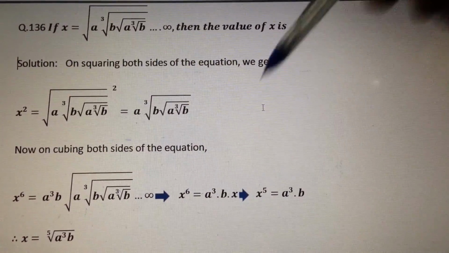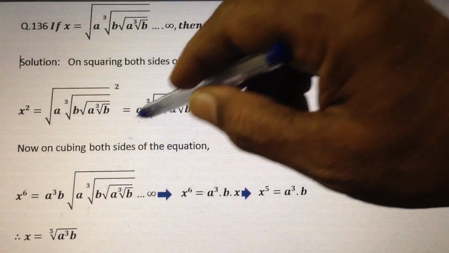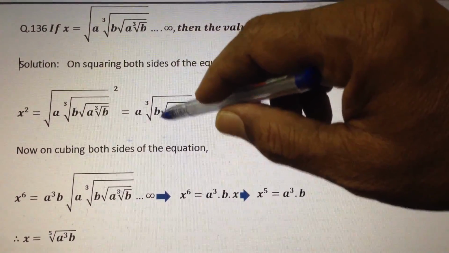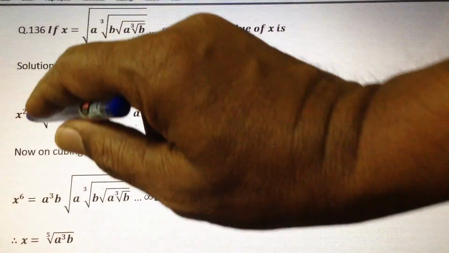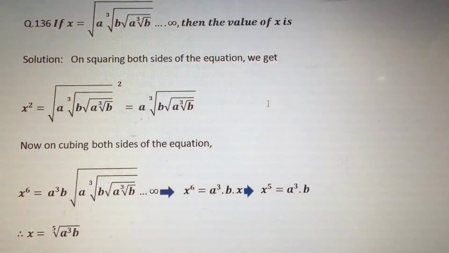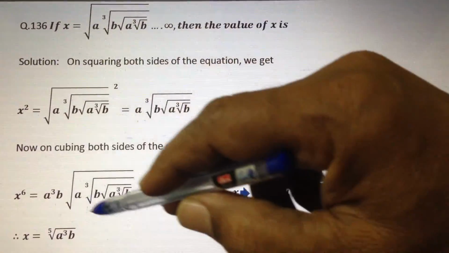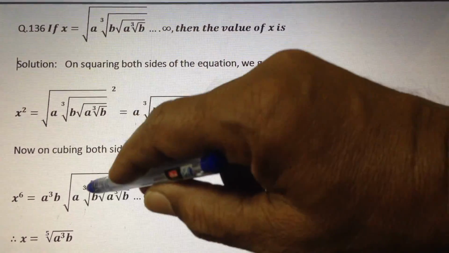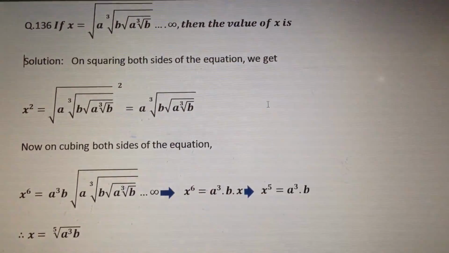Now on cubing both sides of the equation, then b comes out of the root. Therefore x square whole cube, which is x power 6, is equal to a cube into b square root of a cube root of b into square root of a cube root of b and so on.